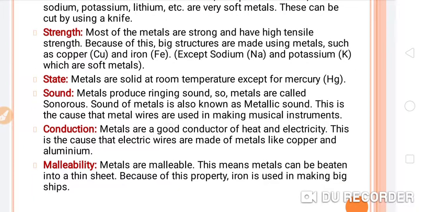Metals are solid at room temperature except mercury. Now sound. Metals produce a ringing sound, so metals are called sonorous. The sound of metals is also known as metallic sound. This is the cause that metal wires are used in making musical instruments.